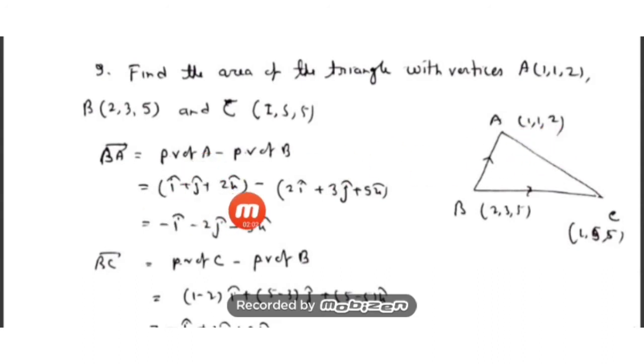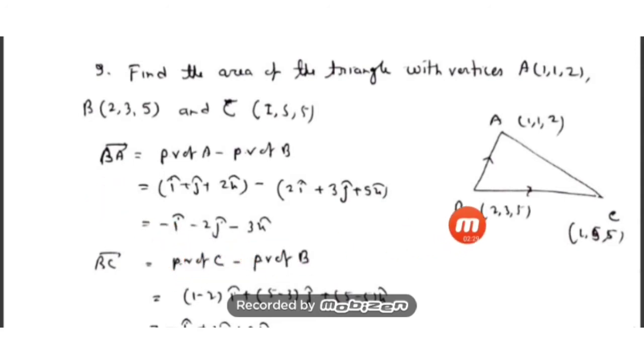B has coordinates 2, 3, 5, so it is 2i cap plus 3j cap plus 5k cap. Then subtract the same components: 1 minus 2 gives minus 1, 1 minus 3 gives minus 2, and 2 minus 5 gives minus 3. That means we have got the vector BA as minus i cap minus 2j cap minus 3k cap.